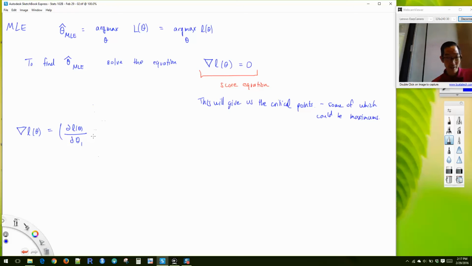Okay, so anyway, the gradient of the log likelihood function is all of our partial derivatives with respect to each parameter theta.